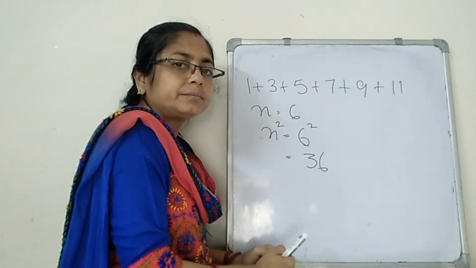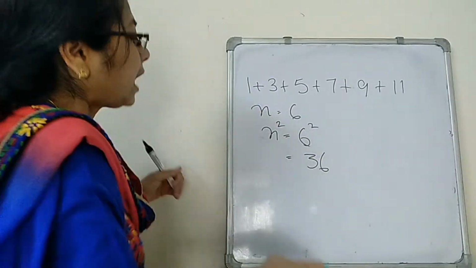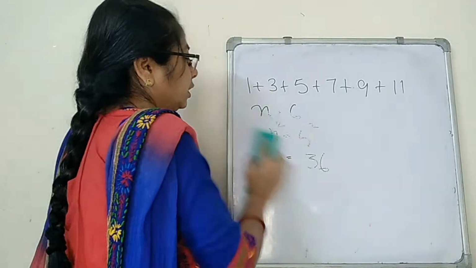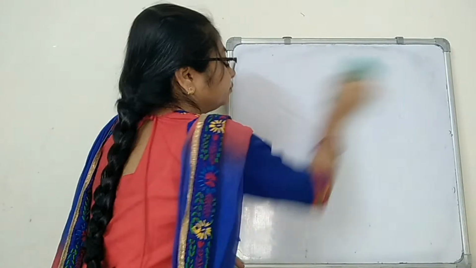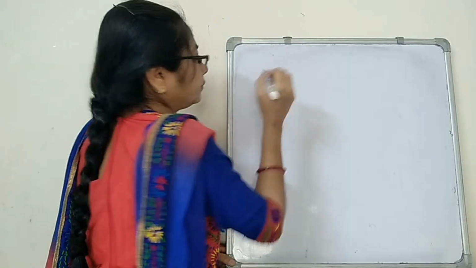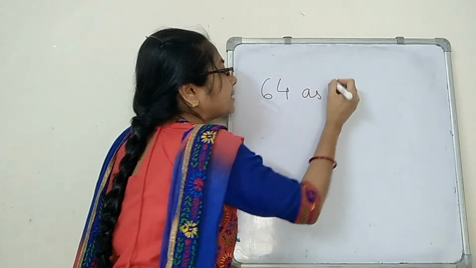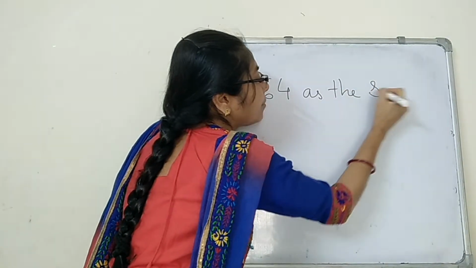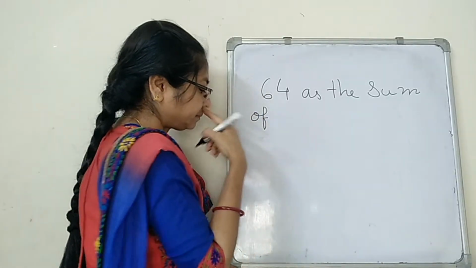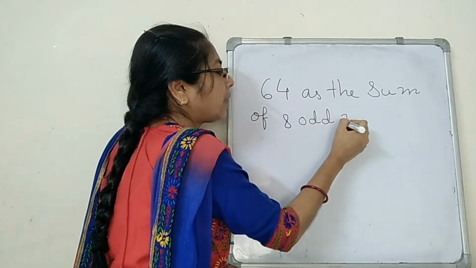Everybody clear? Now I do this math in a different way. I give the answer and tell you how to make it. You do it. I give 64. Write it as the sum of 8 odd numbers.